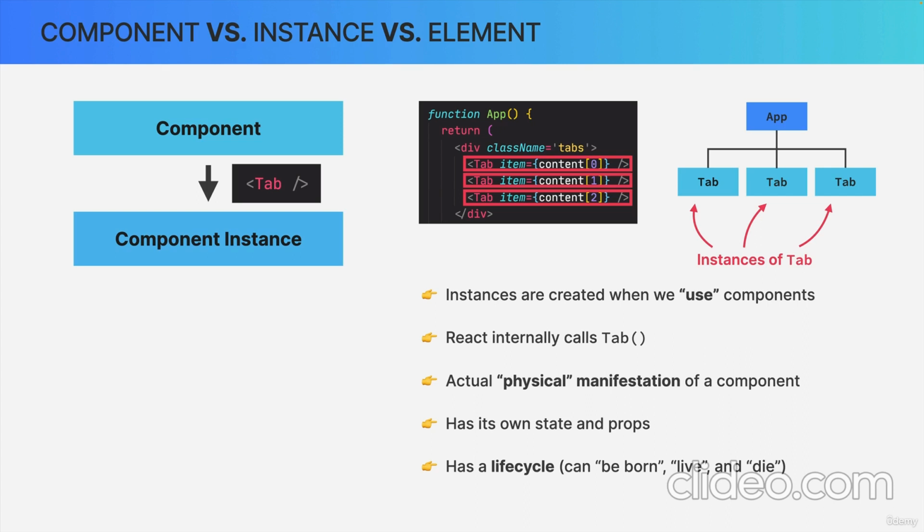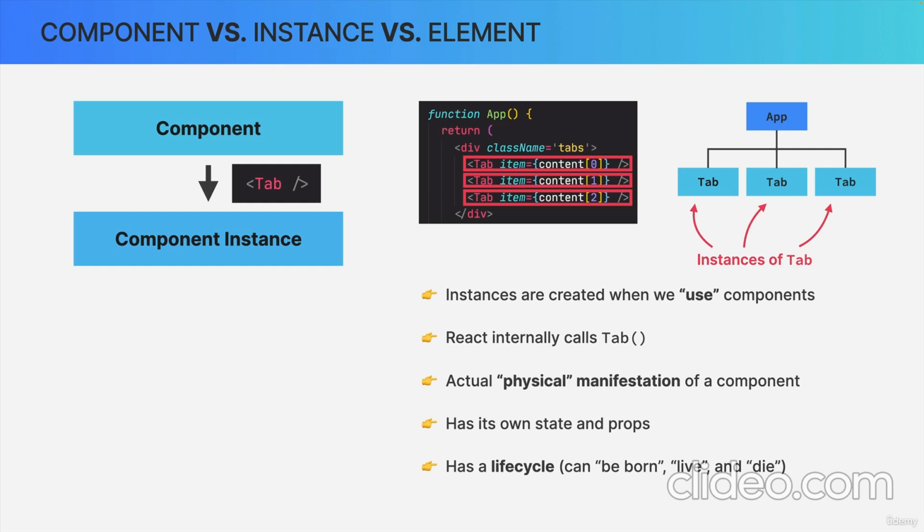For example, we just say component lifecycle and not component instance lifecycle. And we also say that a UI is made up of components, not of component instances, even though instances would technically be more accurate. Okay, so just keep that in mind in the future when you read documentation or some Stack Overflow post or something like that.